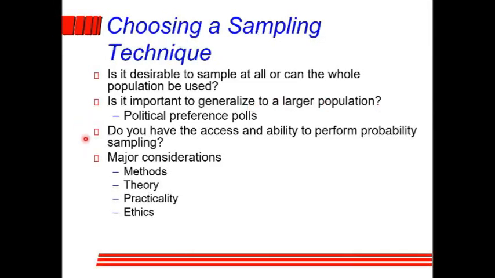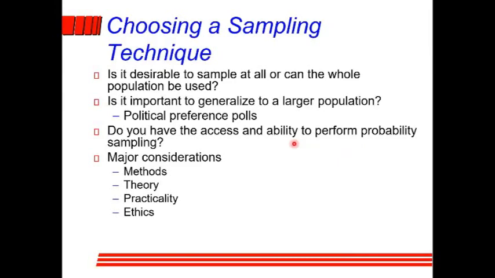And then, do you have the access and the ability to perform probability sampling? So, dapat i-consider din natin to. Let's say we have now yung, di ba, yung pandemic. Paano ba tayo makakapag-perform ng probability sampling? Dapat may ability tayo na makapag-perform ng probability or makapagkuha tayo ng sample natin.